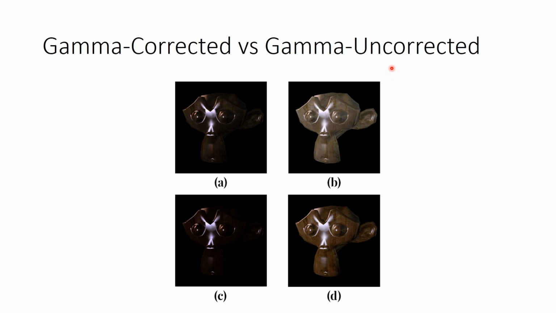In the second case, uncorrected textures were used, but the render target was gamma corrected. In the third one, we used gamma corrected textures, but an uncorrected render target. And in the last one, both things were properly gamma corrected.